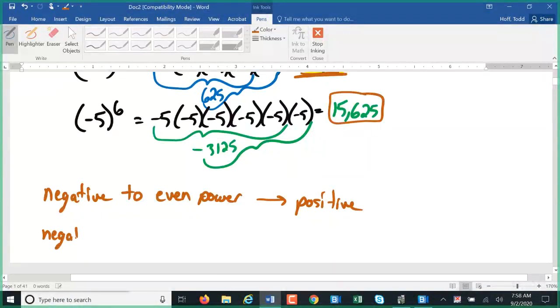A negative number or even a positive number, any number to an even power will be positive. Obviously, a positive number to any power will be positive. A negative number to an odd power will be negative.